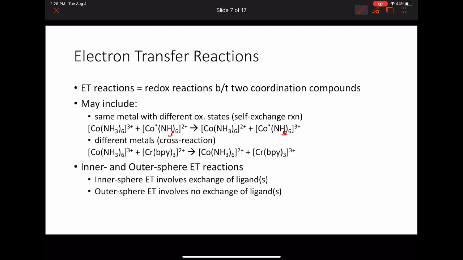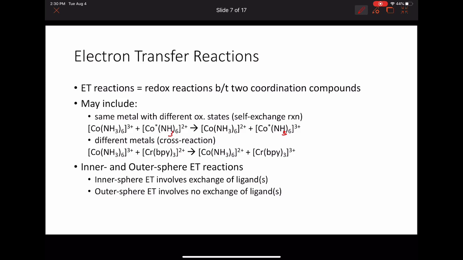In addition to our self-exchange reactions and cross reactions, we also have two other distinguishing features of electron transfer reactions. These may be inner sphere electron transfer reactions or outer sphere electron transfer reactions. Our inner sphere ET reactions involve exchange of ligands. So inner sphere, again, noting our coordination complex within the brackets is our inner sphere.